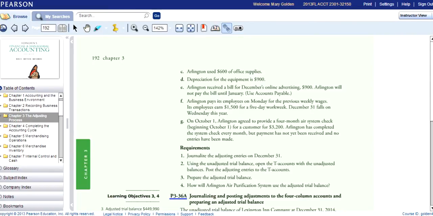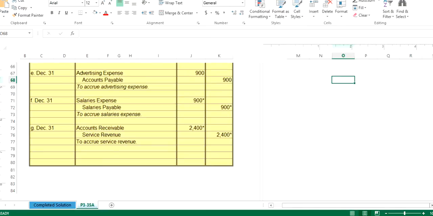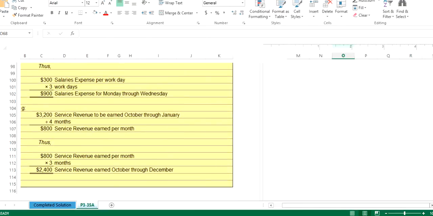So the service contract was for 4 months, but only 3 months have passed, October, November, and December. So we need to record 3 months worth of the $3,200. In other words, 3/4 of it. Okay. So if we go back to over here and look at our calculation, the 4 months contract was for $3,200.